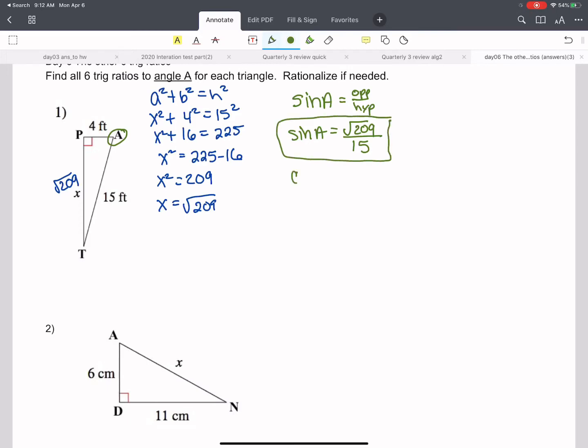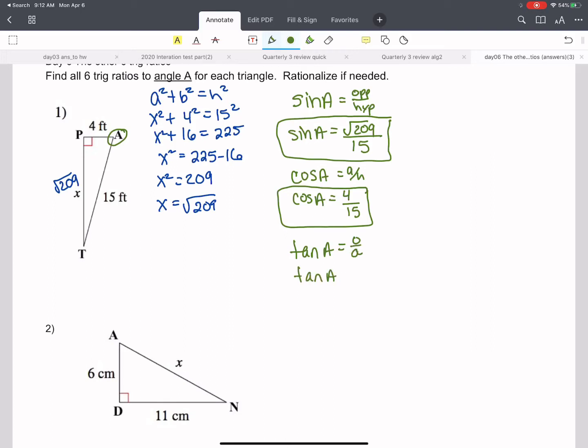Cosine of A is adjacent over hypotenuse. So cosine of A, that's right, you should have gotten 4 over 15. And tan of A is opposite over adjacent.